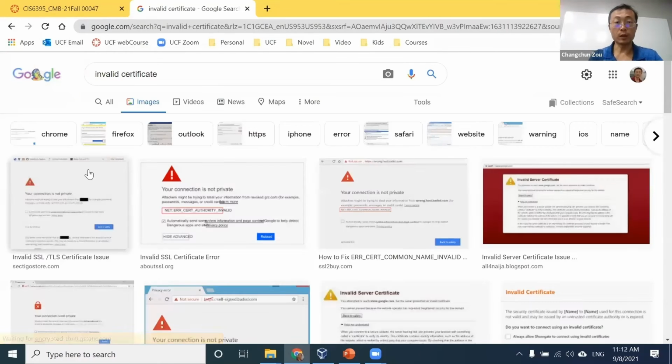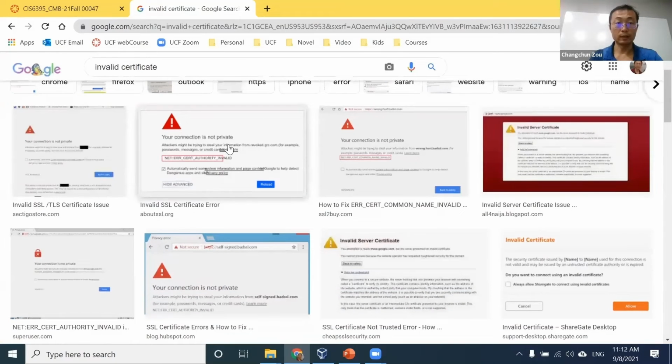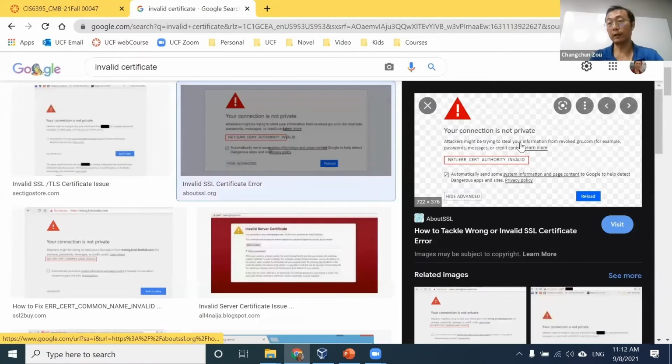Sometimes when you connect to a website, you may see such a warning from the browser, basically saying that your connection cannot be verified because the certificate authority is invalid. The reason is that the web server you connected to is using an HTTPS connection, but does not have a valid certificate.